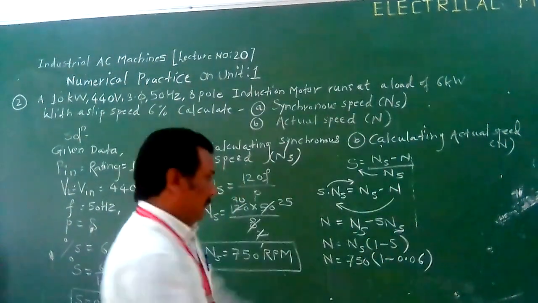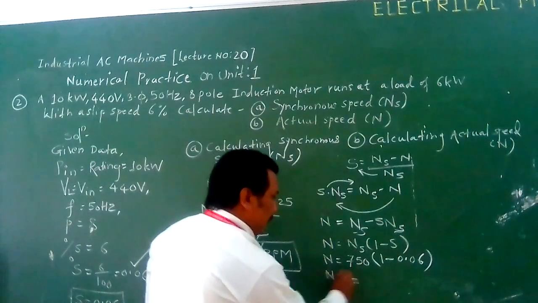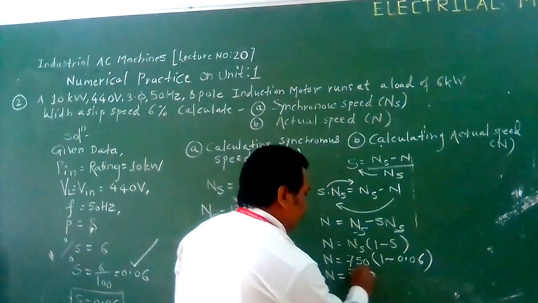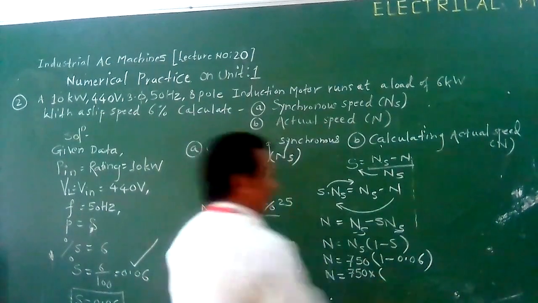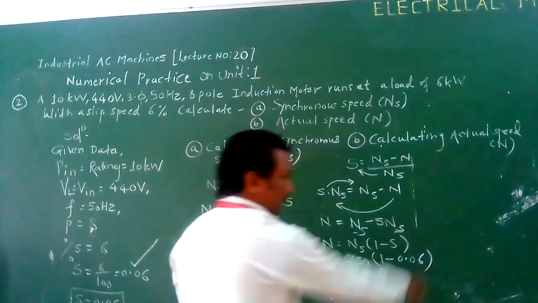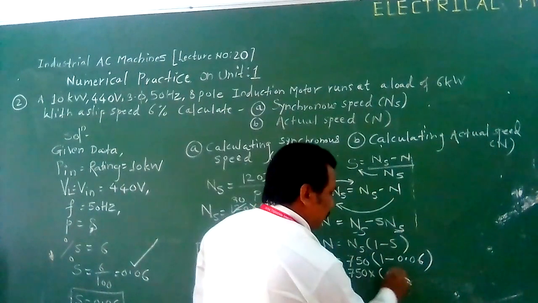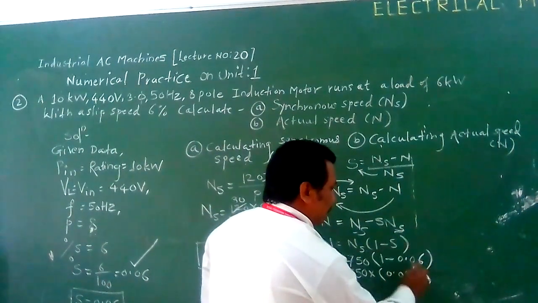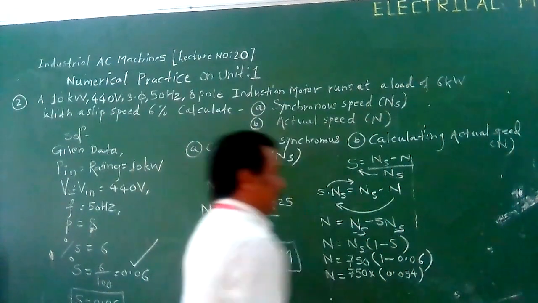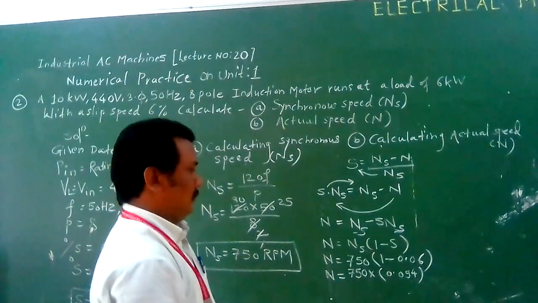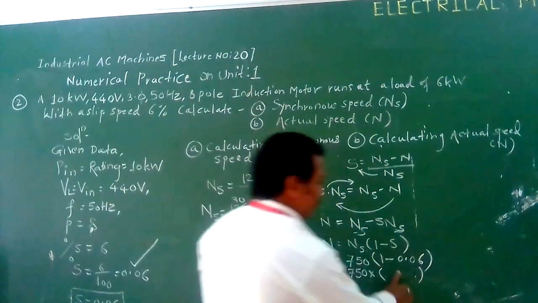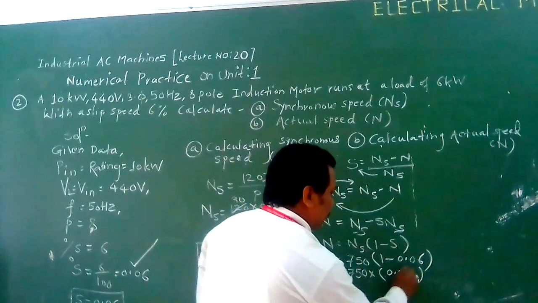By simplifying this, we get n is equal to 750 into the bracket, which is 0.94.